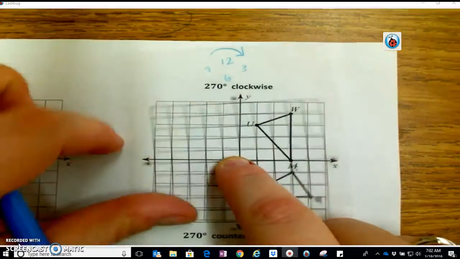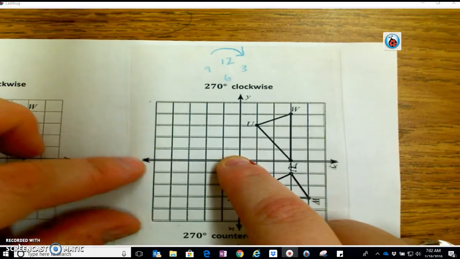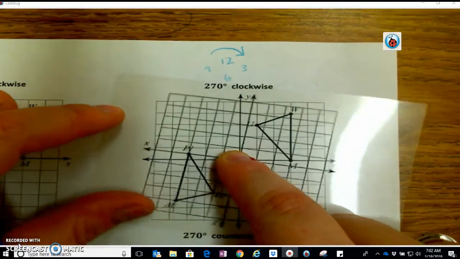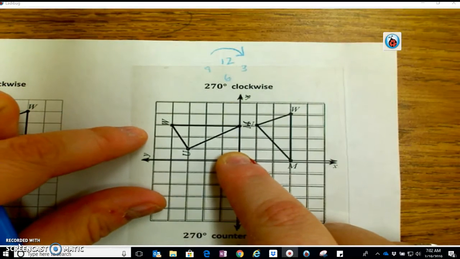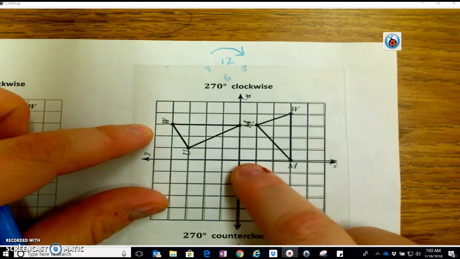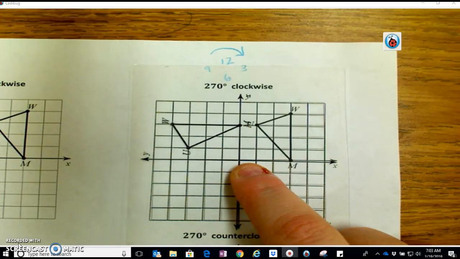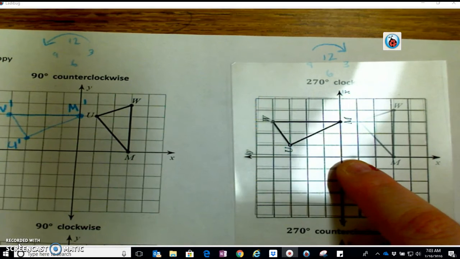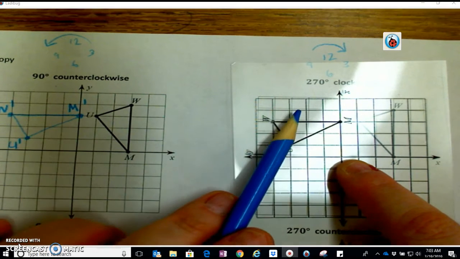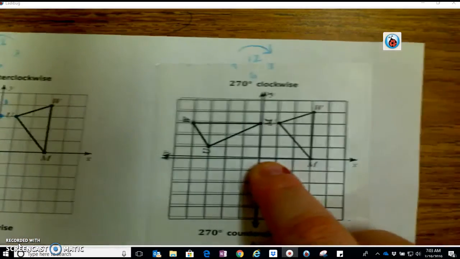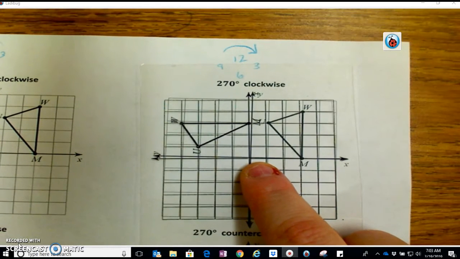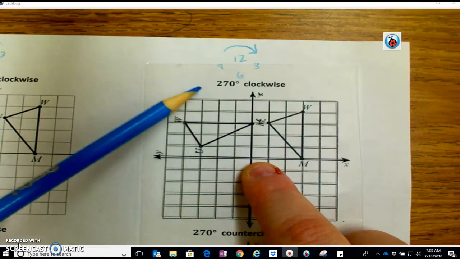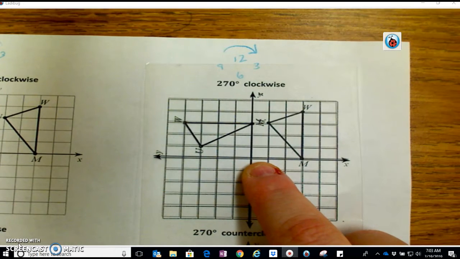One turn, two turns, and three turns. Hopefully you are making an observation about 90 degrees counterclockwise and 270 clockwise. Pause the video and write down those new coordinates for 270 clockwise on the other side of your paper.